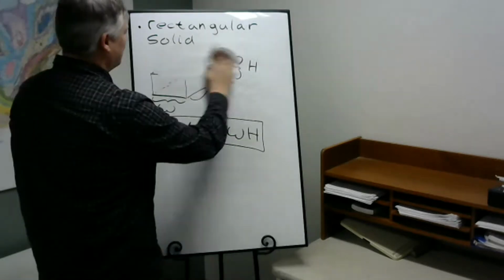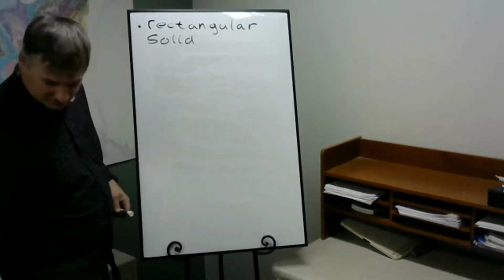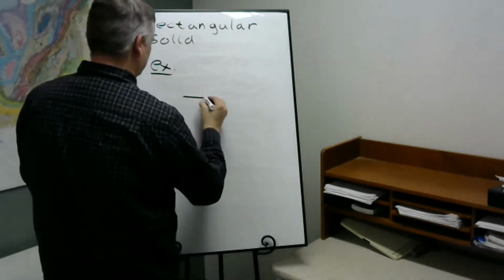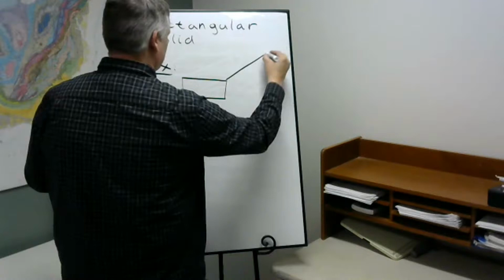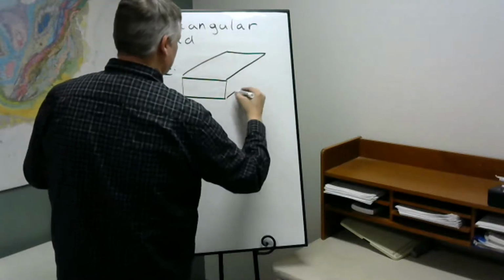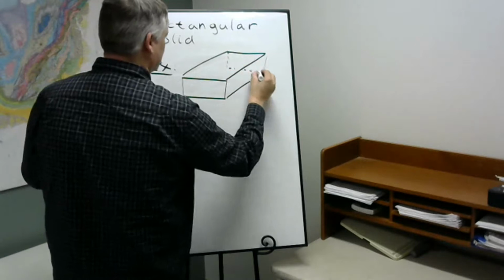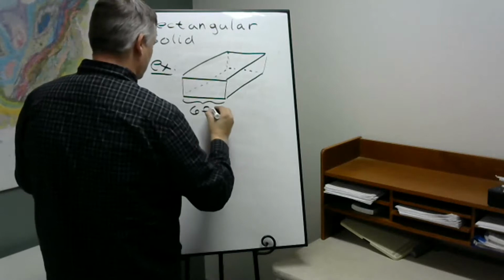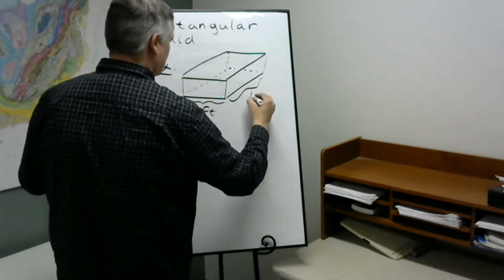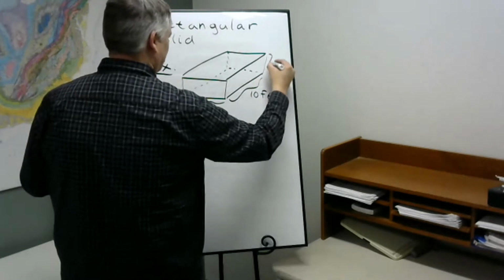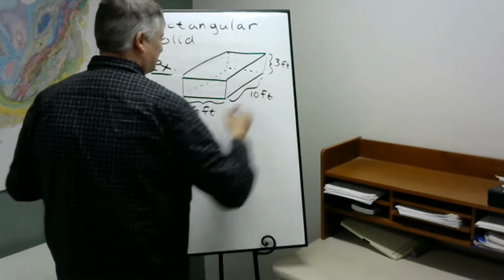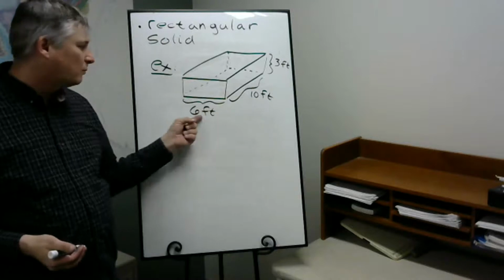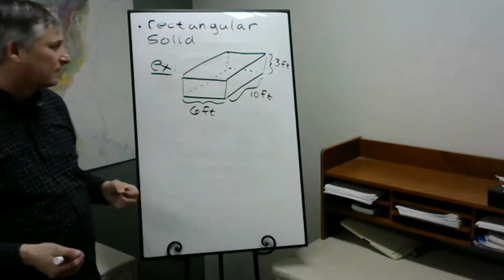So, for example, say I have a large box, and it has these dimensions: a length of 10, a width of 6, a height of 3. What would be the volume?